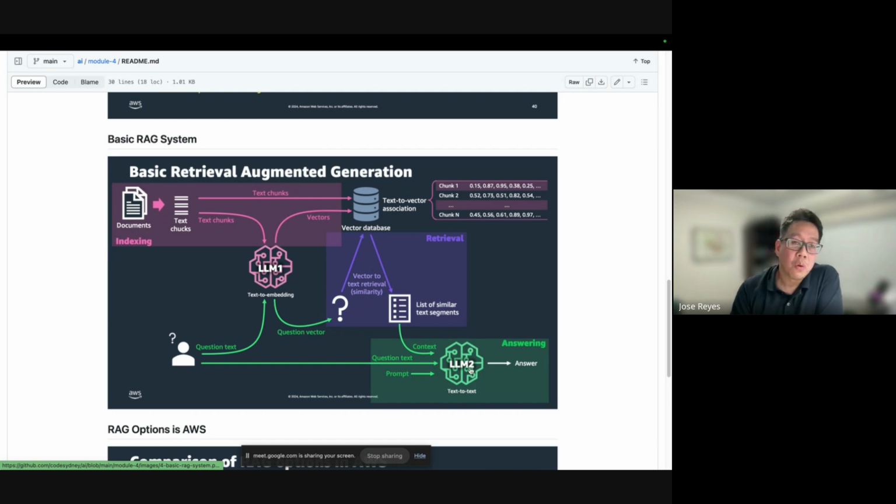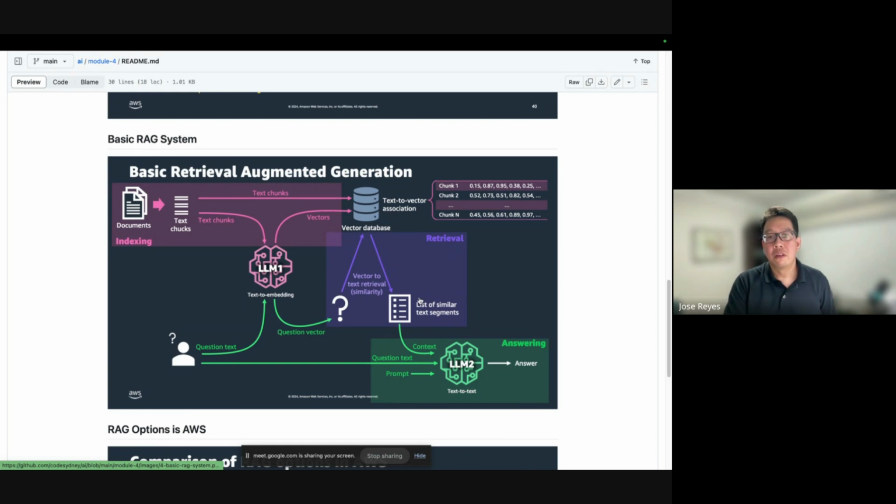Okay, so when we're sending our request to the large language model, we actually have everything we need to supply it. First is the context. And the context is nothing but the list of similar documents that gets returned from the vector similarity search.